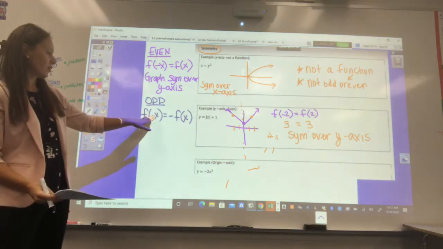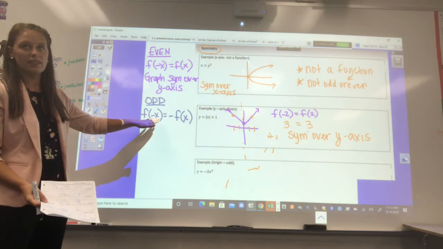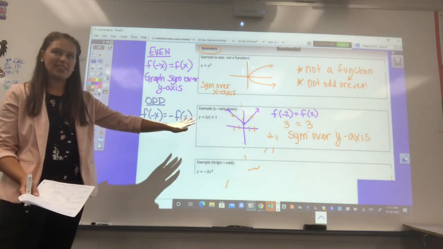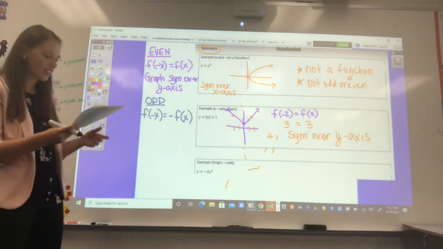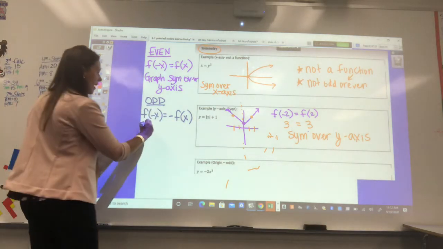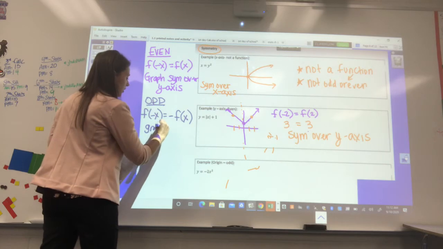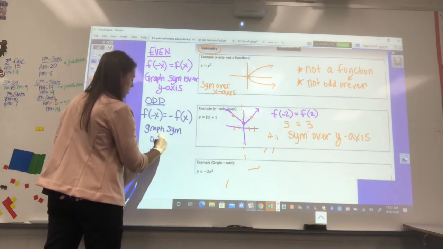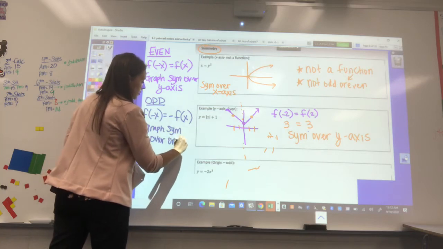So if you plug in -3, let's say you get 7, you would have -7 when you plug in a +3. It's like completely opposite. It's a really odd thing, right? So this graph is symmetric over the origin, like a spin.